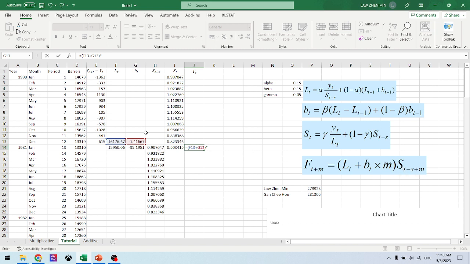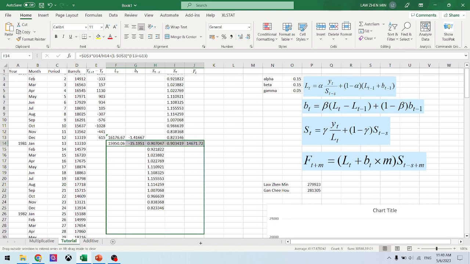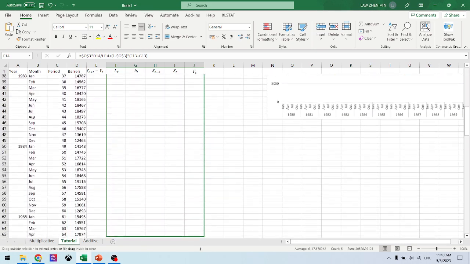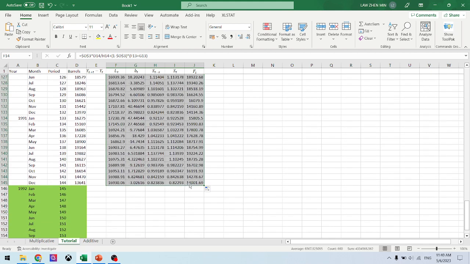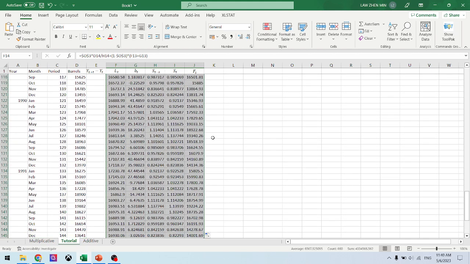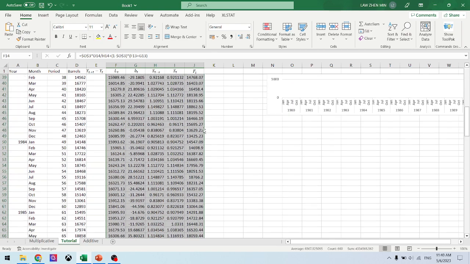Actually this is the same as the seasonality component here. So you just hit enter. So for this row of 5 elements, you can just drag it until here. So we have done the formulas, and we get our forecasting value.